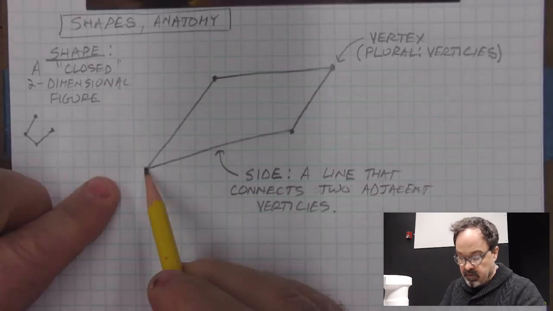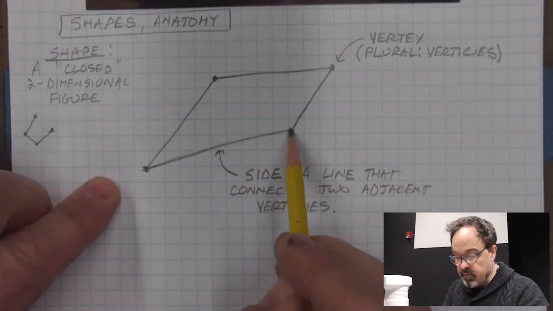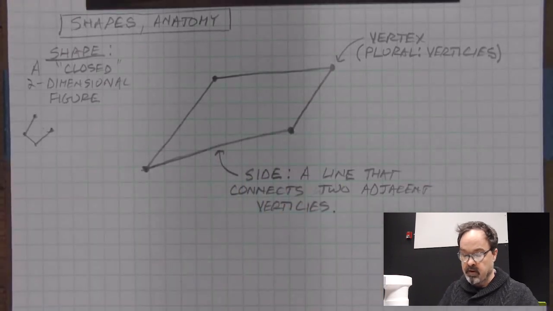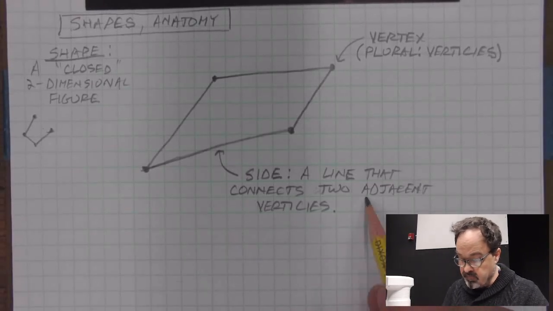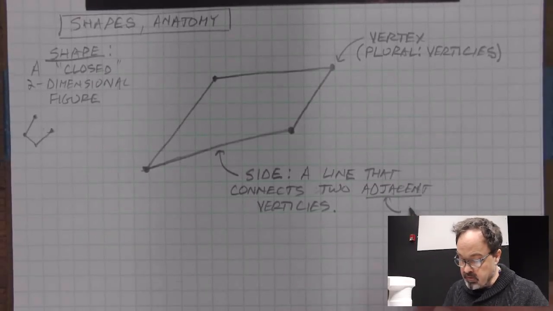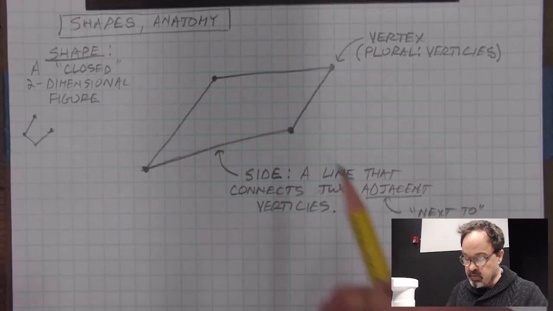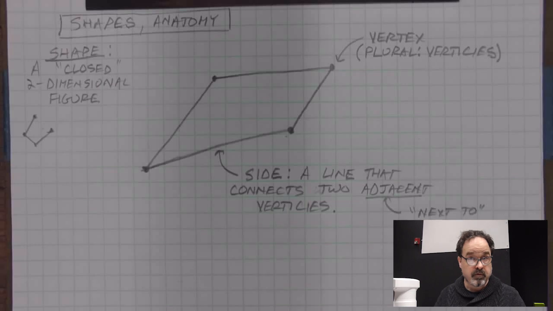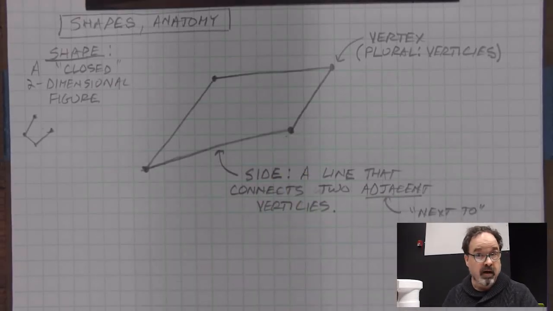So this is a side. It connects this vertex with this vertex over here. Why do we call them adjacent? Adjacent is a fancy word that means next to. These two vertices are next to each other. And so when you have a line that connects them, we call that a side of a shape.